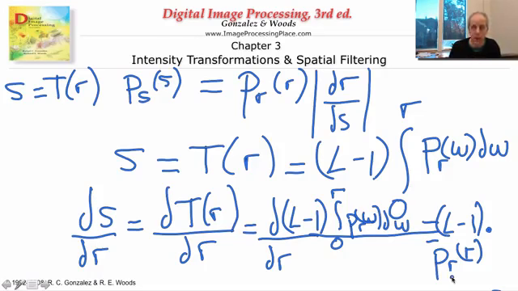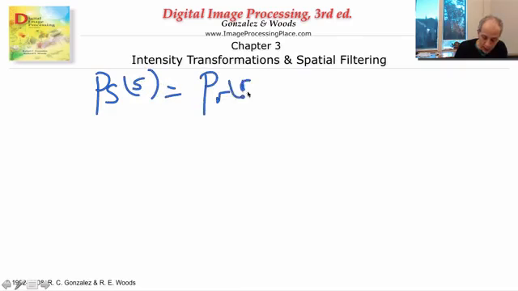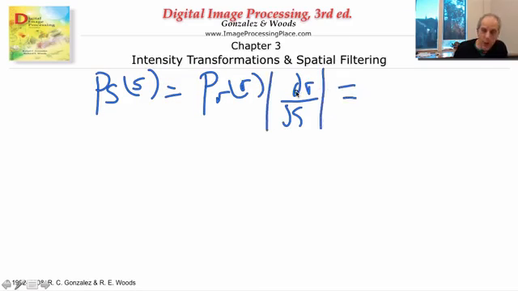And I hope that you can see what's going to happen. So let's see actually what's going to happen. Again, we have the new probability that we are looking for, which is the old probability times the absolute value of dr/ds. We computed the ds/dr just a second ago.